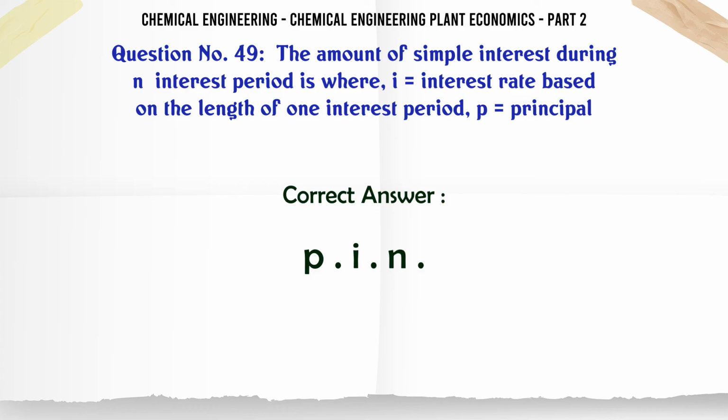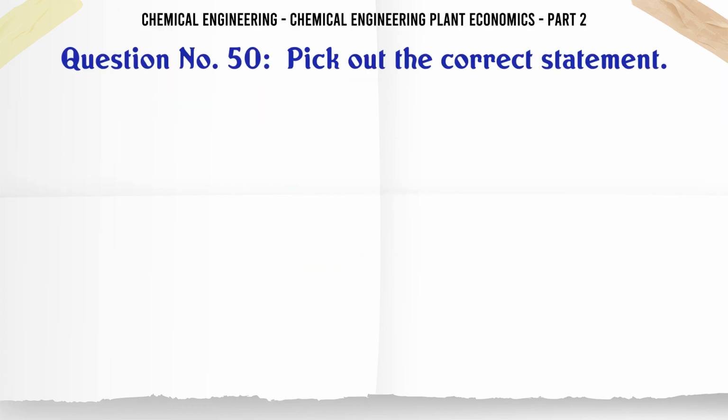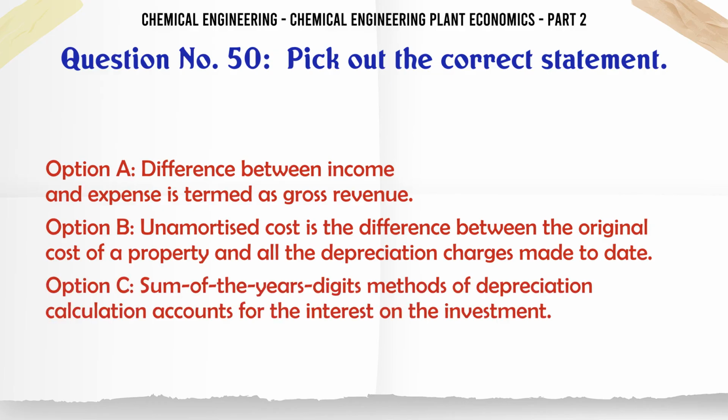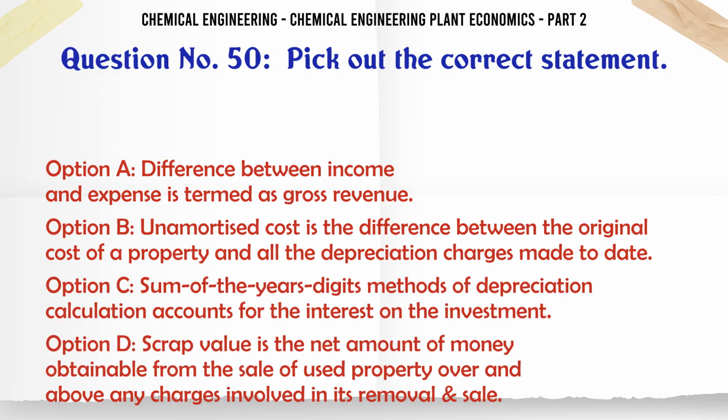Pick out the correct statement. A. Difference between income and expense is termed as gross revenue. B. Unamortized cost is the difference between the original cost of a property and all the depreciation charges made to date. C. Sum of the year's digits methods of depreciation calculation accounts for the interest on the investment.